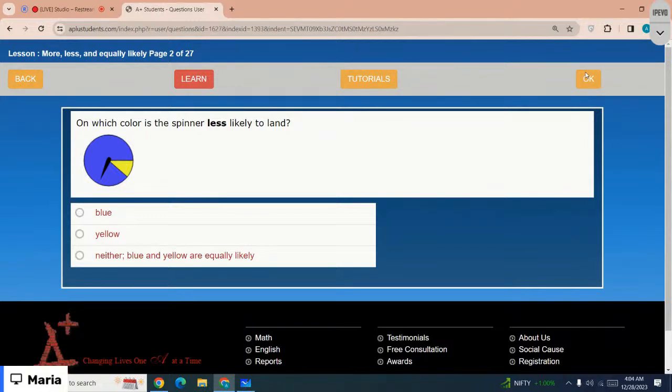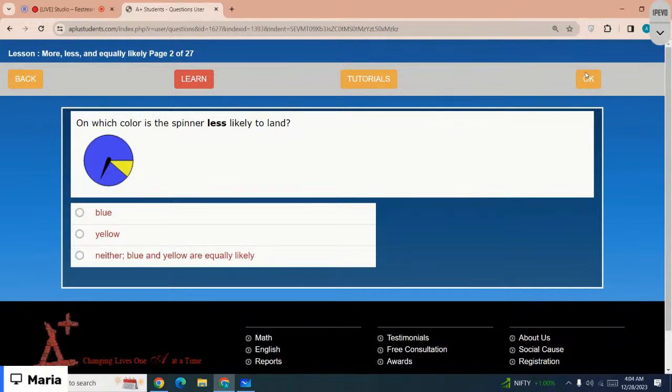On which color is the spinner less likely to land? So which is the correct option? Just look at the spinner, right? Most of the portion is blue.